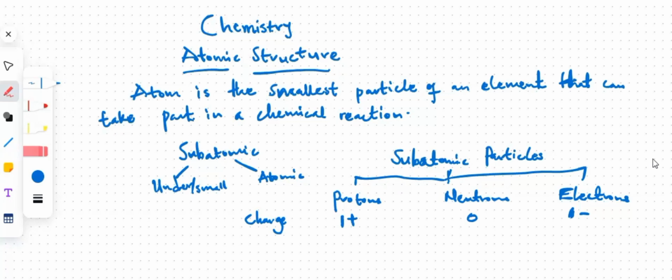Then the next thing you want to know about them is their mass. The relative mass of a proton is 1. It's a relative mass, not just the mass. They are so small that they couldn't get the exact mass, so they use the relative mass in relation to other particles.